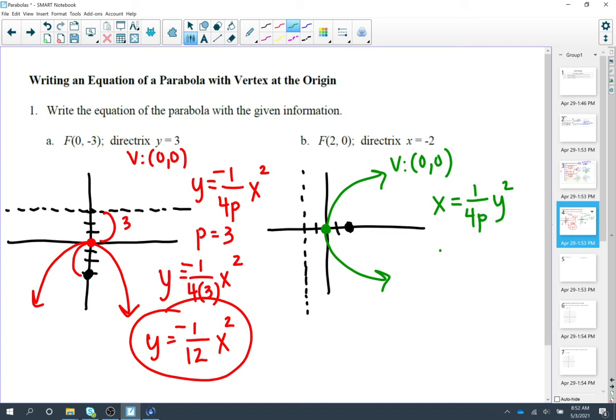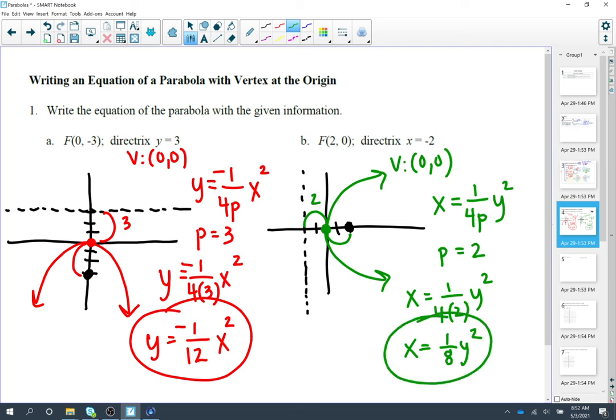Then we just have to find the value of p. The distance from your vertex to your directrix, and from your vertex to your focus, is 2 both times. So x equals 1 over 4 times 2 y squared. x equals 1 over 8 y squared. And that's your equation.